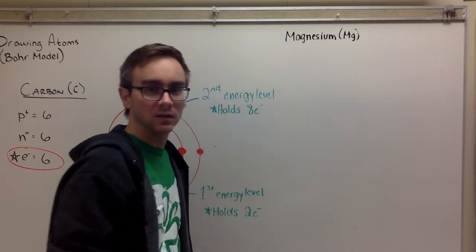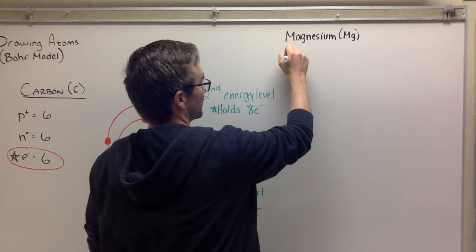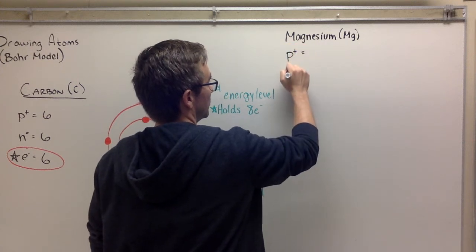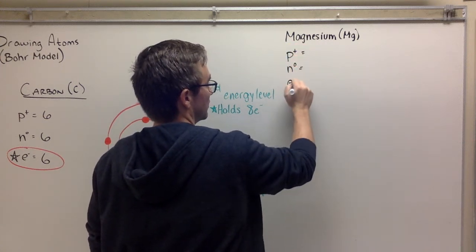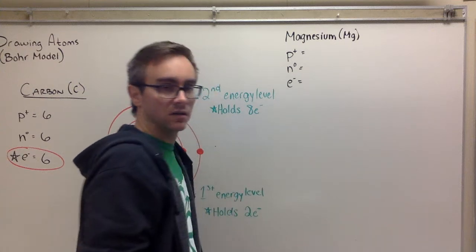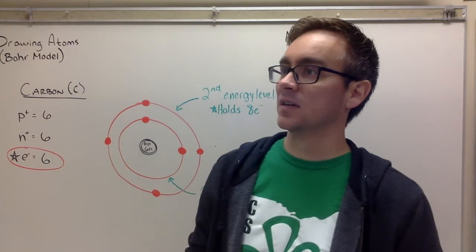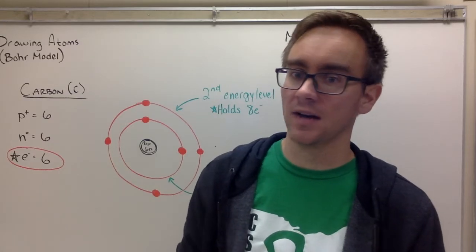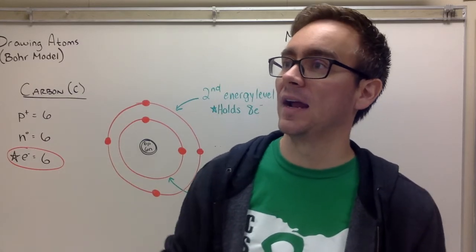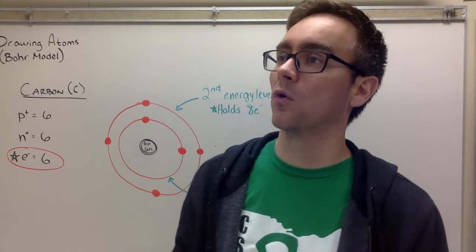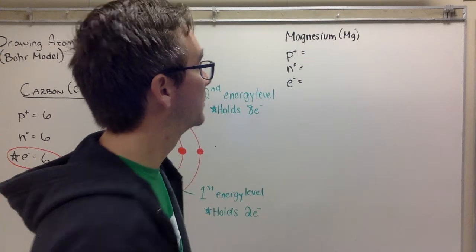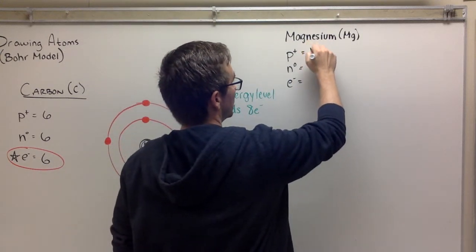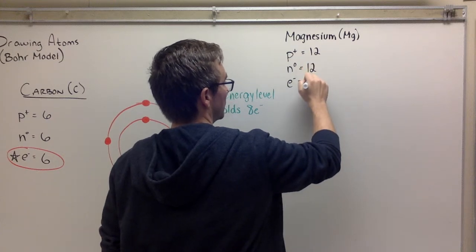So let's start with the number of protons, neutrons, and electrons. I look up on my periodic table. I see I have 12 protons, which means I have 12 electrons for right now, neutral atom. And 24.3, that rounds down to 24. That's going to mean 12, 12, 12.